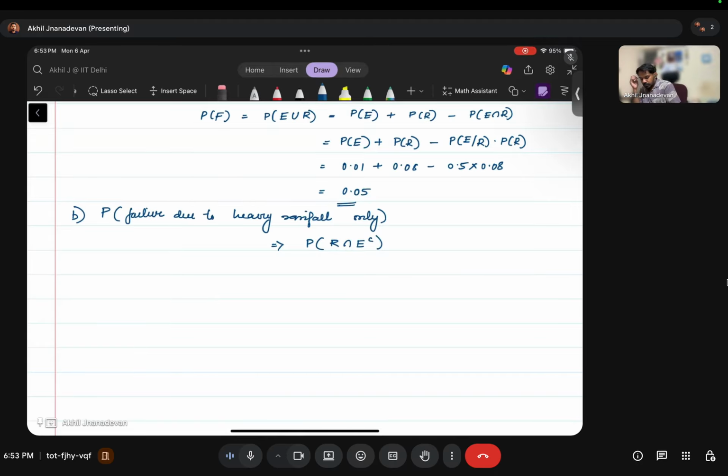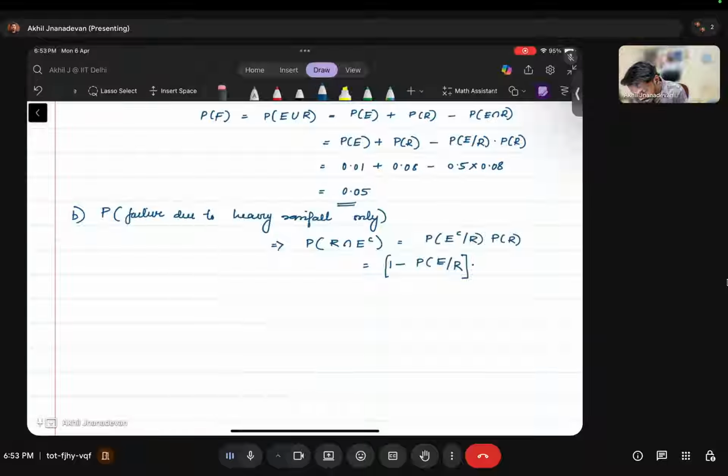So this we can write with the conditional probability equation: P of E complement given R into P of R. P of E complement given R we can write as 1 minus P of E given R, so that into P of R. So 1 minus P of E given R is 1 minus 0.5, into 0.08.